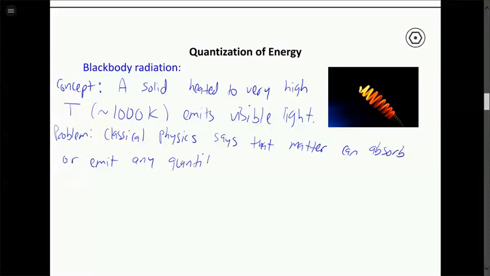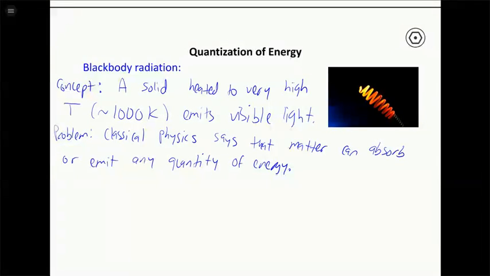In other words, the energy of electrons in matter, electrons in atoms, is continuous. There is no quantization of any sort. It's just continuous energy. That's what people thought at the time.